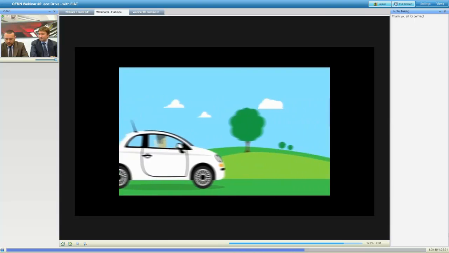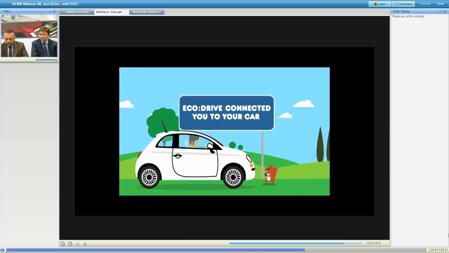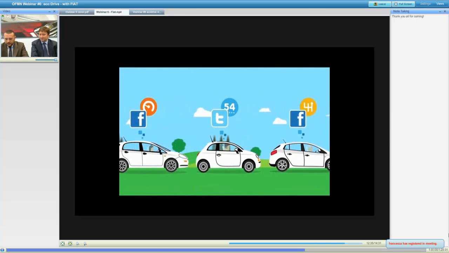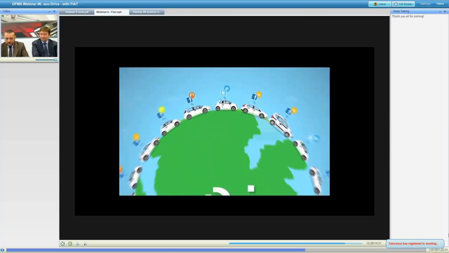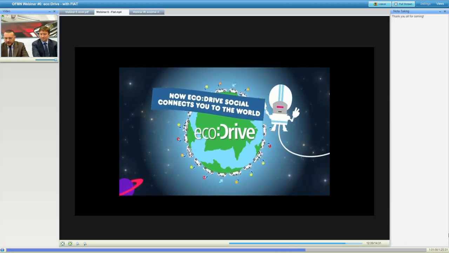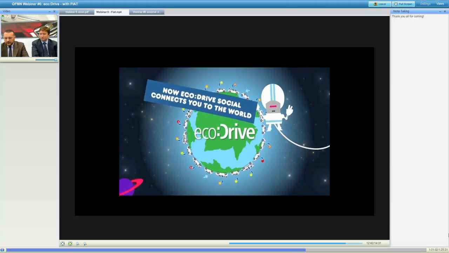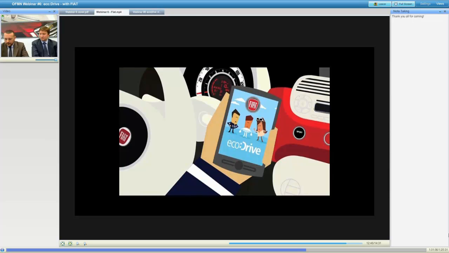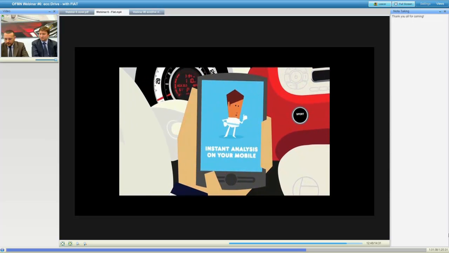In 2008, we launched EcoDrive, the first application to connect you to your car and help you save CO2. Now EcoDrive is going social, linking you to thousands of other eco-drivers around the world. With the new mobile app, it's even easier to use.